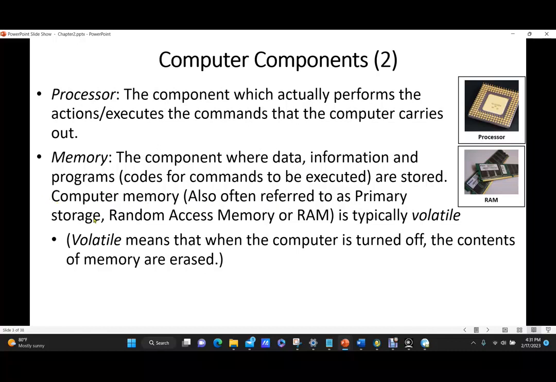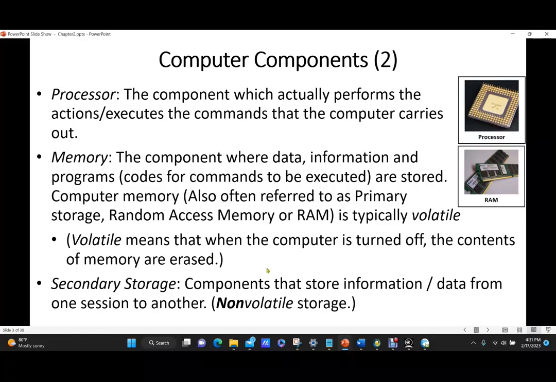Memory, primary storage, random access memory, RAM, is typically volatile. That means when you turn off the computer, the contents of RAM are gone, disappear.